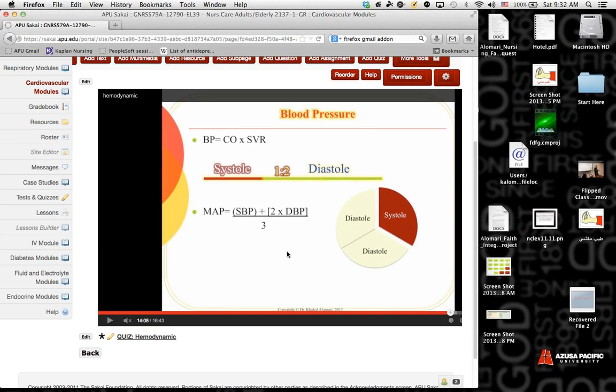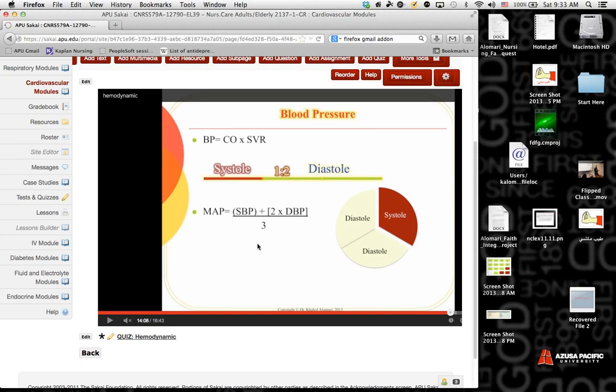Okay, you need to be able to calculate the MAP. Again, when the MAP is low, that's an indication of low cardiac output also, or low perfusion. And so the MAP should be within normal. Okay, and a normal MAP, anything above 70 gives enough perfusion.